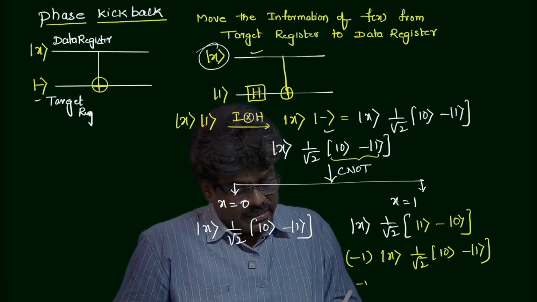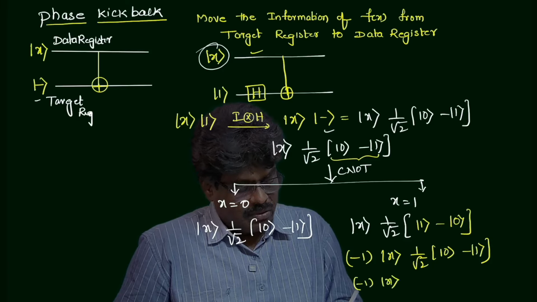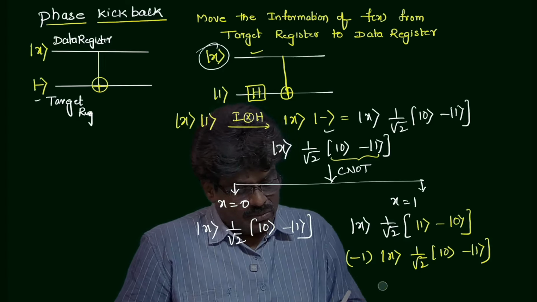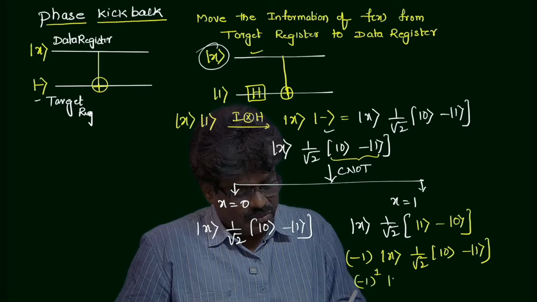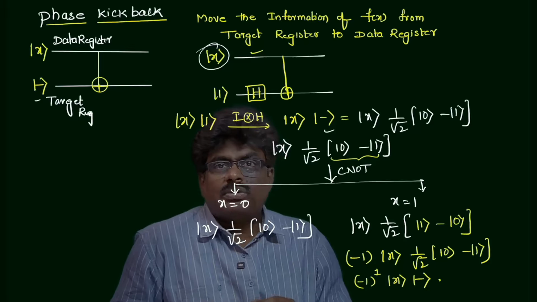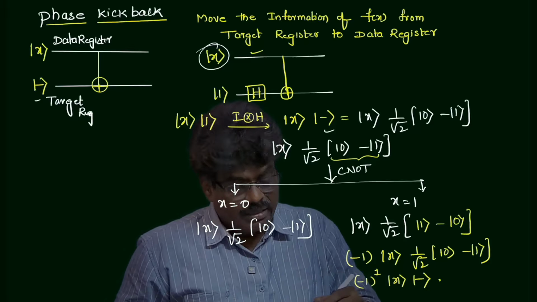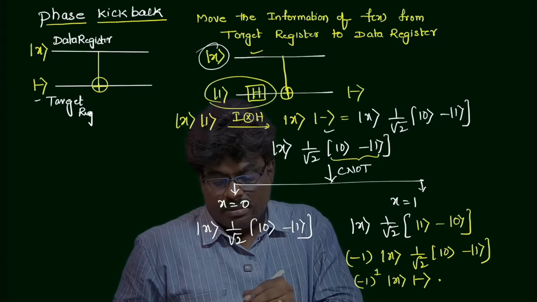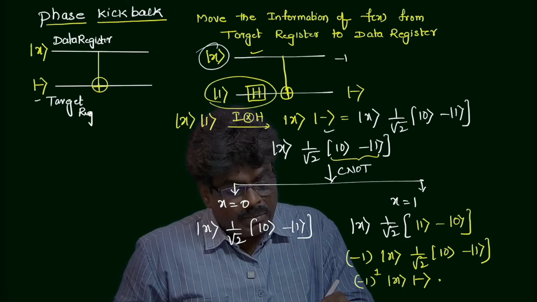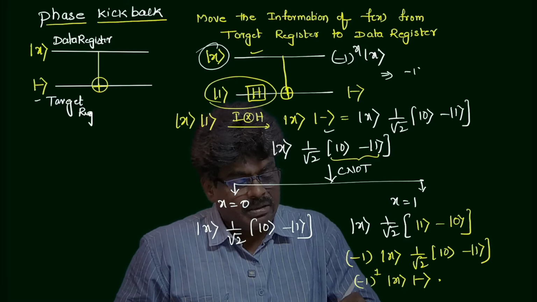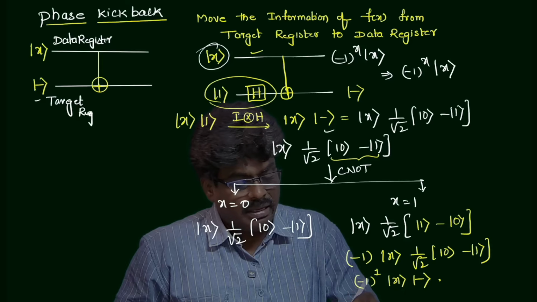Finally we can write this as minus 1 whole power 1, because here X is equal to 1, and after that minus. More generally, this is the minus state as usual, the initial state whatever we have, and we get minus 1 whole power X. So the output state is minus 1 whole power X, minus.